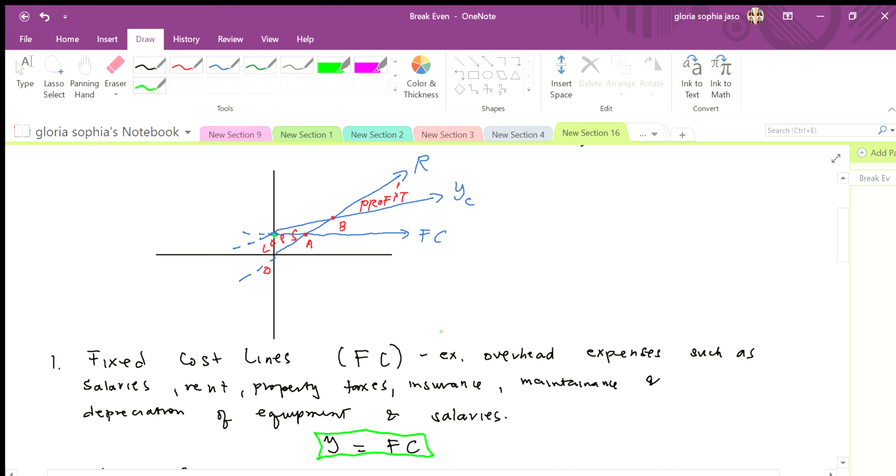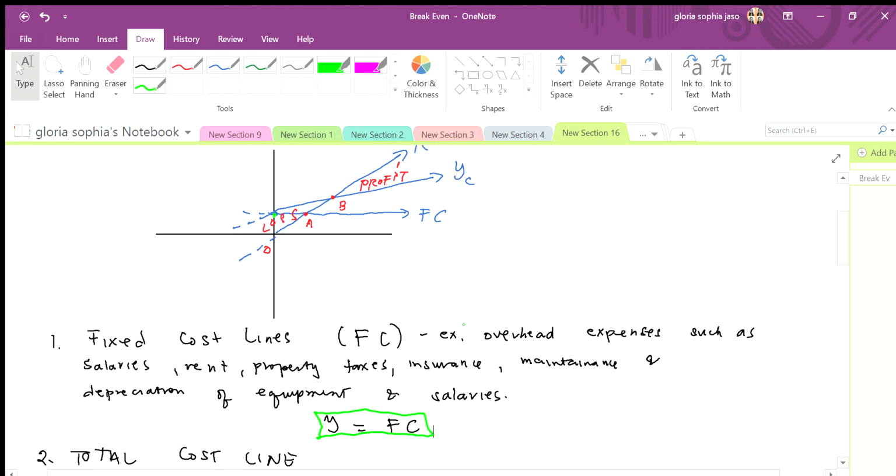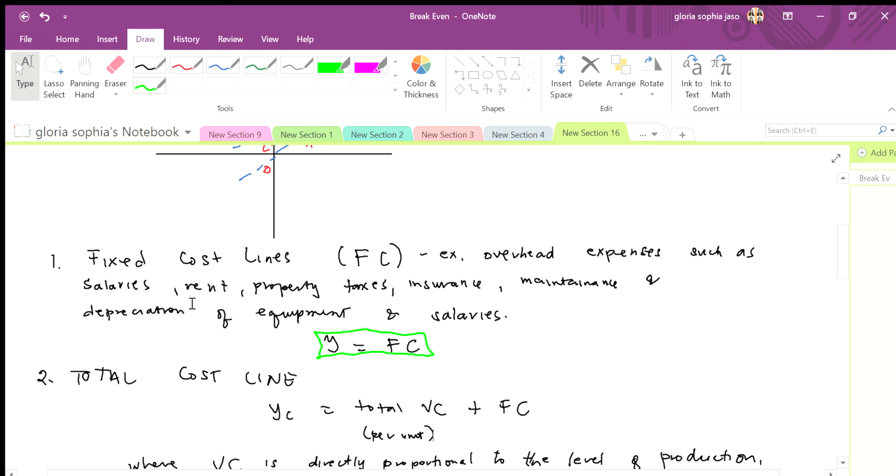The fixed costs include all the indirect costs, and the fixed cost exists regardless of whether production takes place or not. Okay, so that is our first definition.